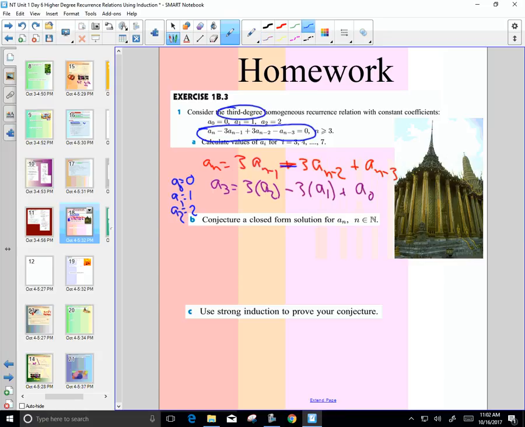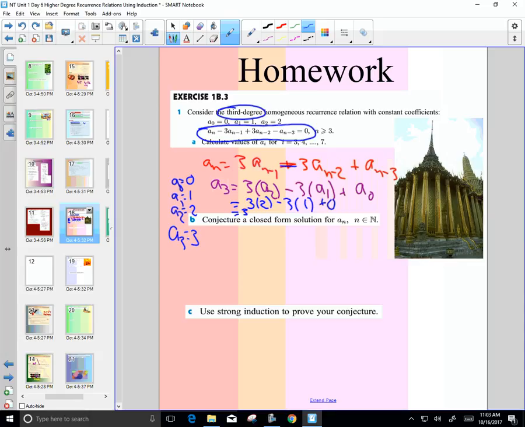So that's just going to be 3 times 2 minus 3 times 1 plus 0, which is just going to be what? 6 minus 3. 3. So now we know a3 is 3.